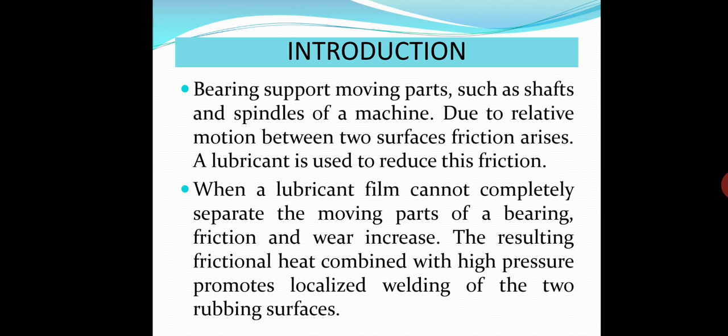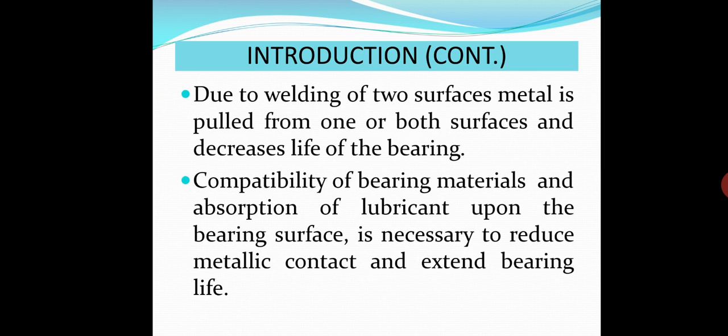When a lubricant film cannot completely separate the moving parts of a bearing, friction and wear increase. The resulting frictional heat combined with high pressure promotes localized welding of the two rubbing surfaces. Due to this welding, metal is pulled from one or both surfaces and decreases the life of the bearing.